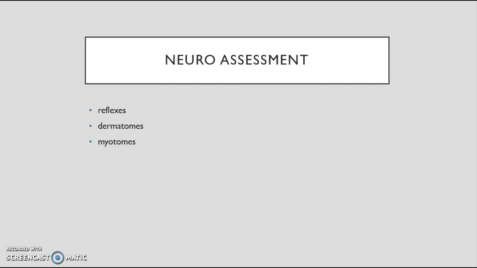So when you're looking at muscle weakness, you might then want to have a think about whether or not that follows a myotomal pattern. So is it the fact that they have lost knee extension and knee flexion, and which levels does that affect? We'll cover this in more detail further down in your course, but it might be worth just pausing here and having a look at myotomes, dermatomes, and reflexes for the upper limb and the lower limb.